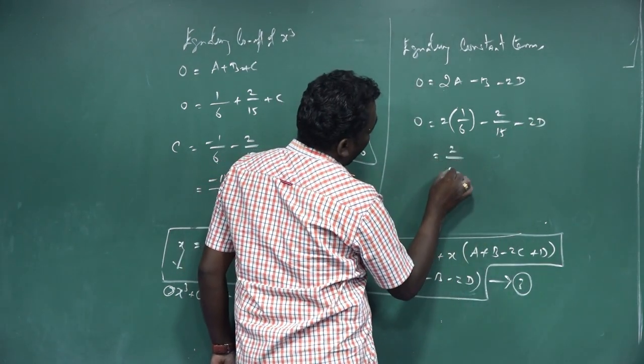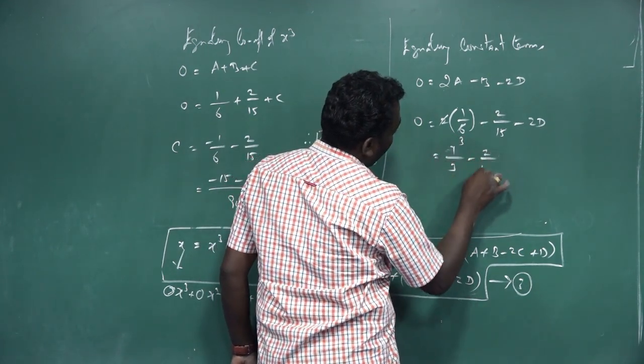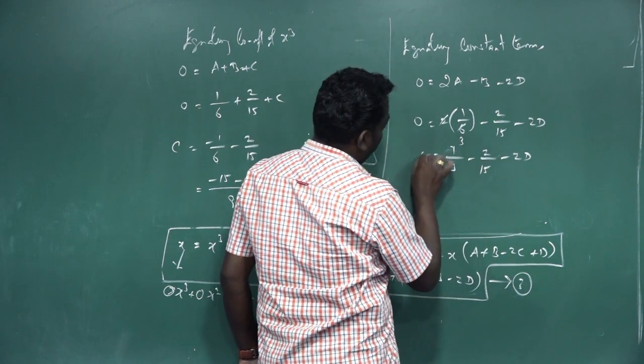Cancelling, 2 by 6 is 1 by 3, therefore 1 by 3 minus 2 by 15 minus 2d is equal to 0.